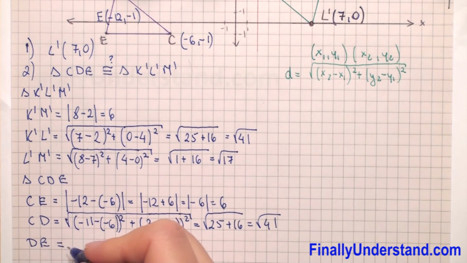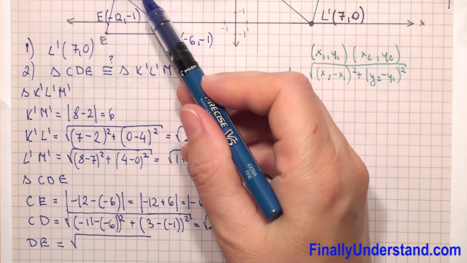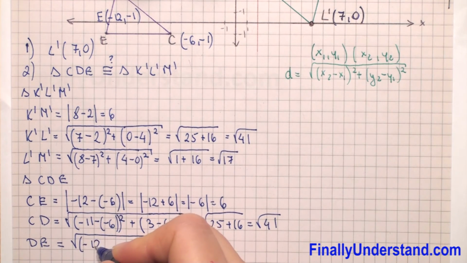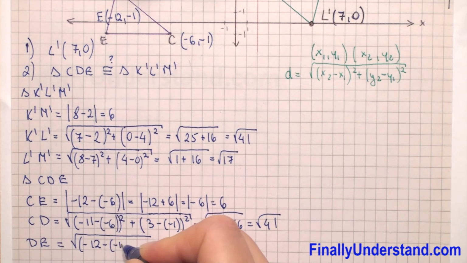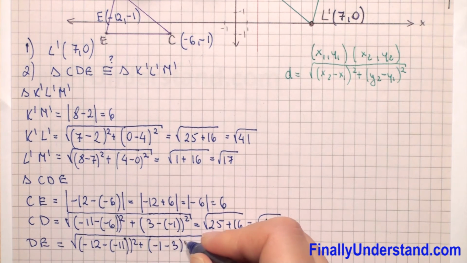And the DE side is the square root of, first we subtract the first coordinates, so we have negative 12 minus negative 11 to the second power, plus, and now we subtract the y coordinates, so this is negative 1 minus 3 to the second power.